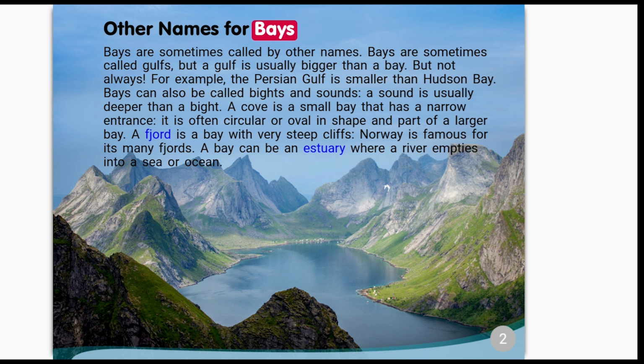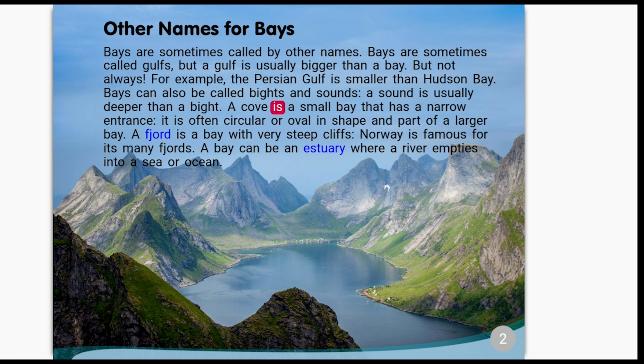Other names for bays. Bays are sometimes called by other names. Bays are sometimes called gulfs, but a gulf is usually bigger than a bay, but not always. For example, the Persian Gulf is smaller than Hudson Bay. Bays can also be called bights and sounds. A sound is usually deeper than a bight.